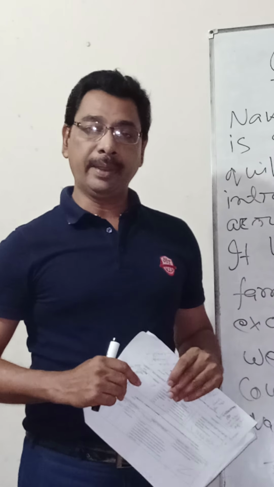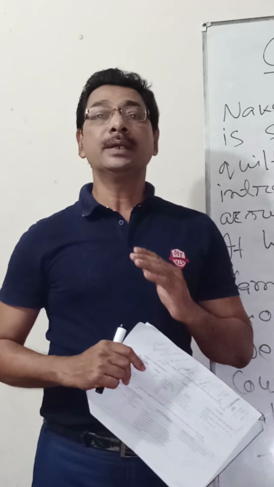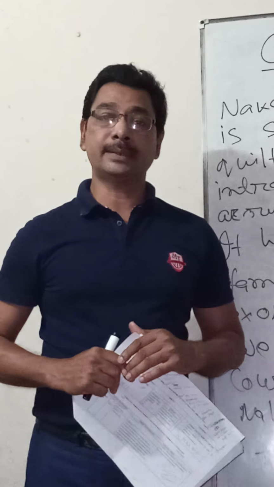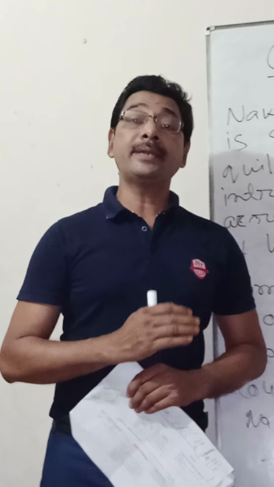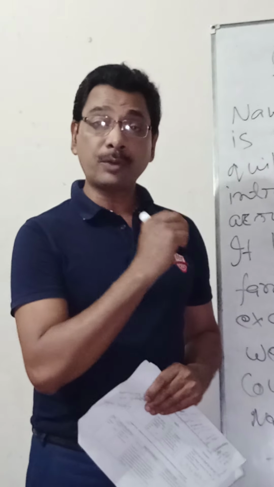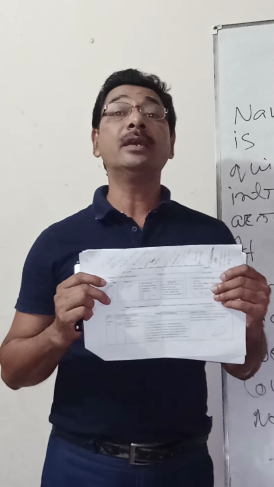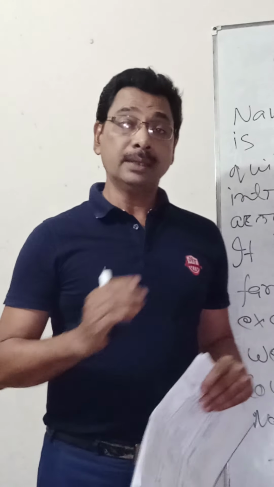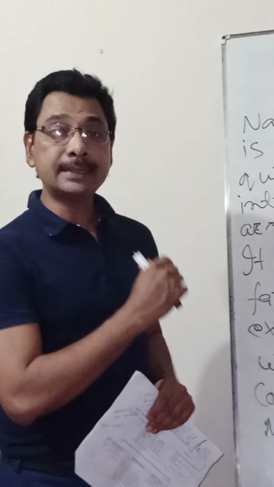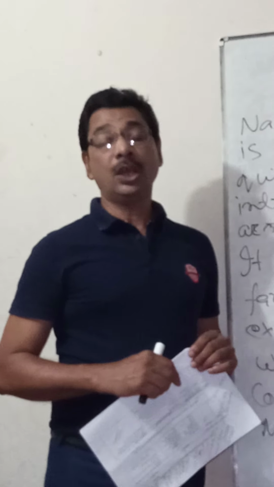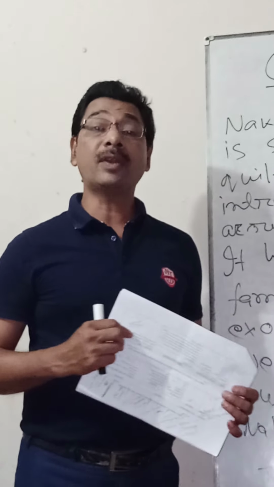In every assignment, you need to go through some points. First, you have to give the introduction, then write the description, and come to the main point which you have found in your question paper. Then you have to write the conclusion. Okay, and this is the first part of the assignment of class 8.